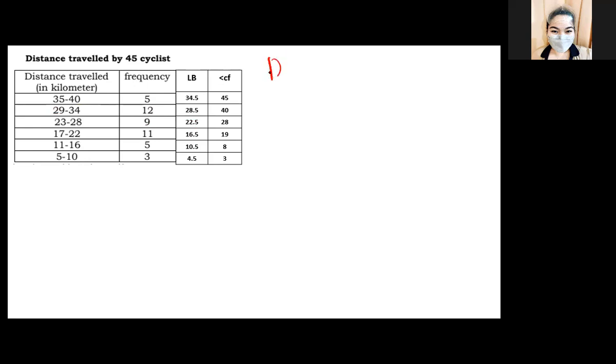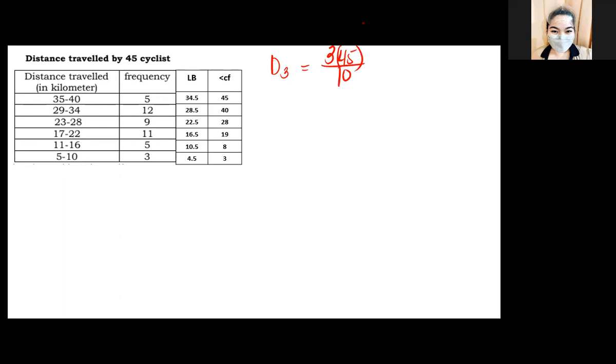Let us try to find D sub 3. So this will be 3 times 45 divided by 10.